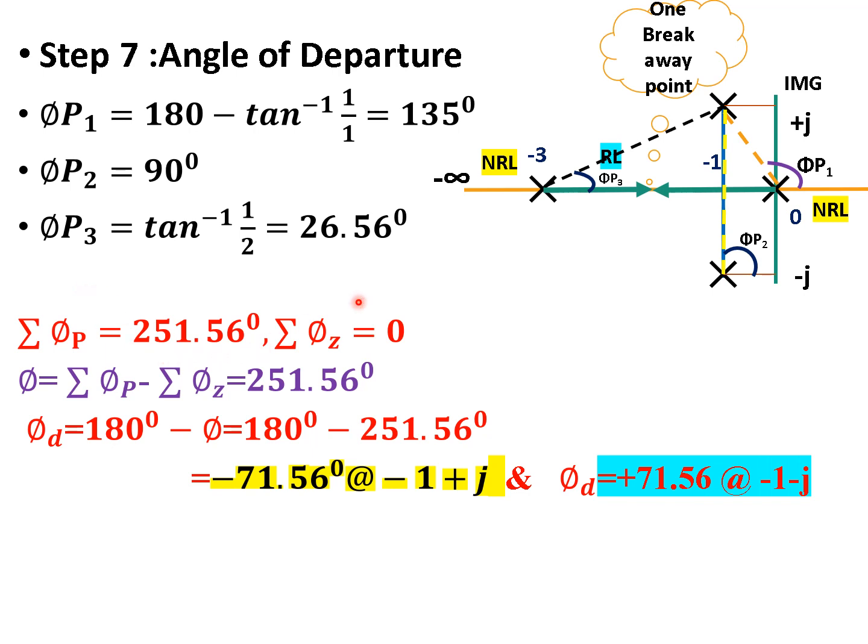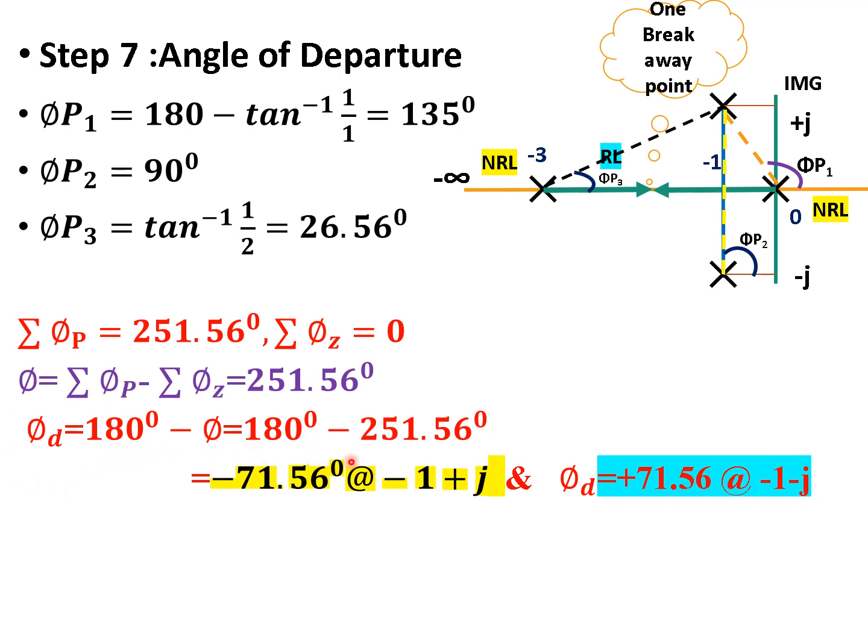251.56 degrees. Since in the problem we don't have any zeros and we are not finding any angle of arrival, phi z will be equal to 0. So what is phi? Phi is nothing but summation phi p minus summation phi z, which is equal to 251.56. The angle of departure is given as 180 degrees minus phi.